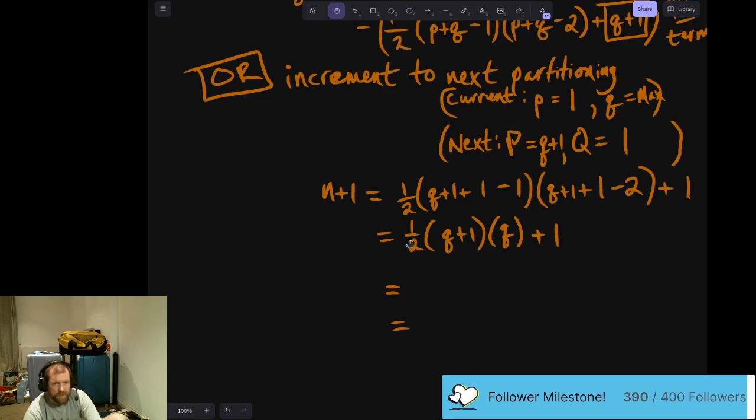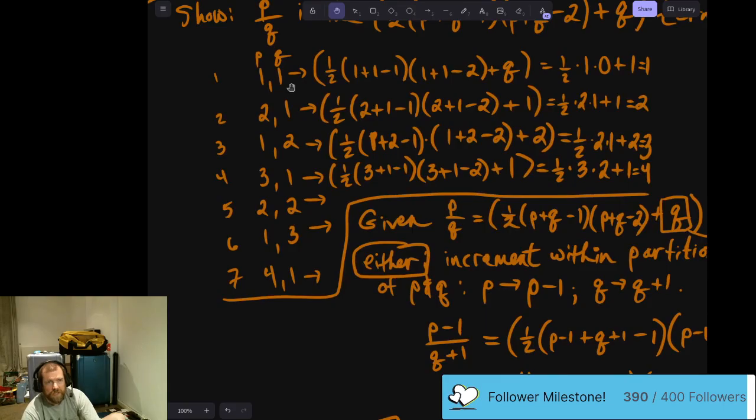So now Q is 2 times 1/2 is 1 times 1 is 1 plus 1 is 2. So the next one after the last, Q is 1, is going to be 2, 1, and it's at n value 2. Then we bump down to here.